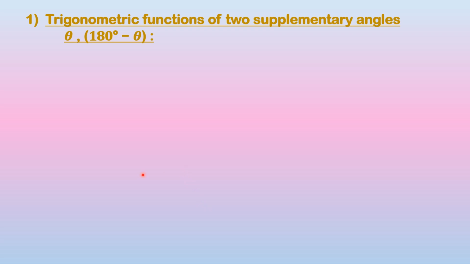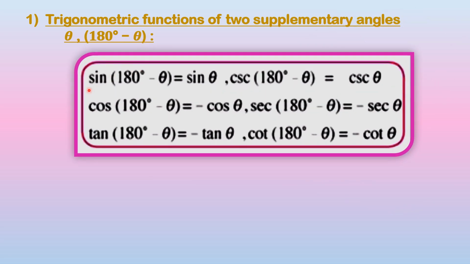Trigonometric functions of two supplementary angles, theta and 180 minus theta. Sine 180 minus theta equals sine theta. Cosec 180 minus theta equals cosec theta.